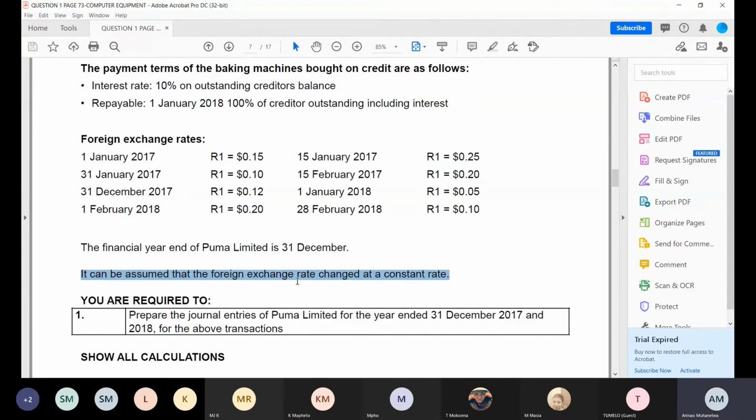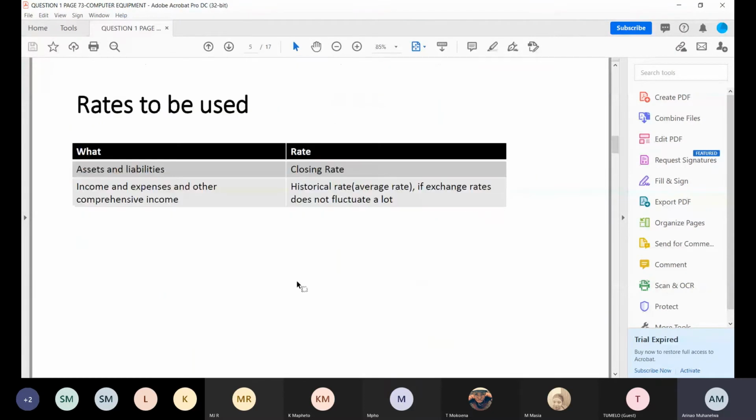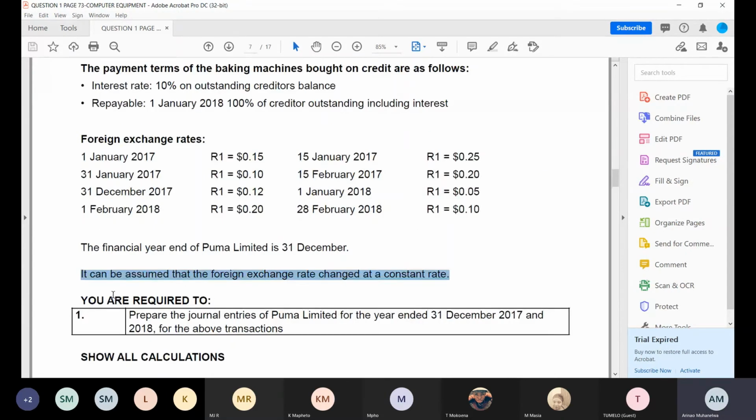This statement goes hand in hand with the information that I've shared before. For income and expenses and other comprehensive income, you must use the average rate if the exchange rate does not fluctuate a lot. So when we read here, they're indicating that it can be assumed that the foreign exchange rate changed at a constant rate, which is acceptable.